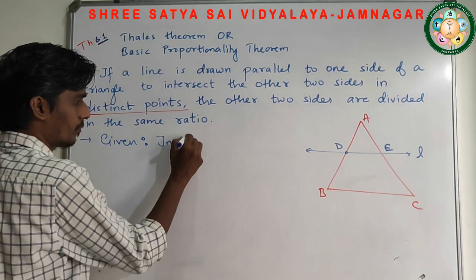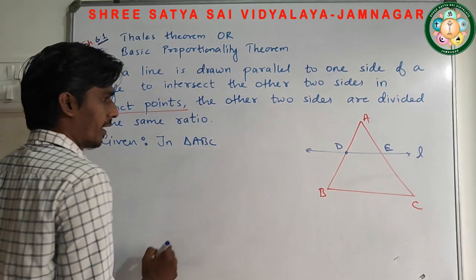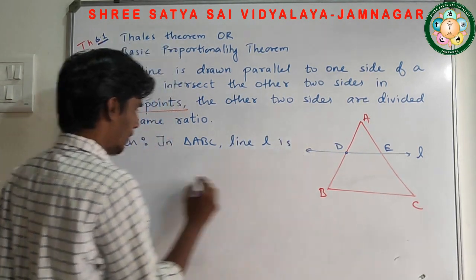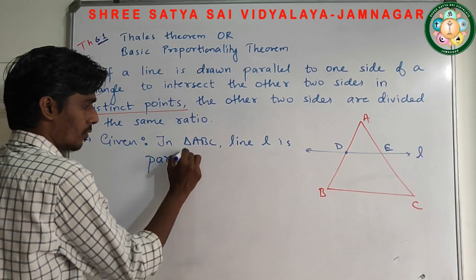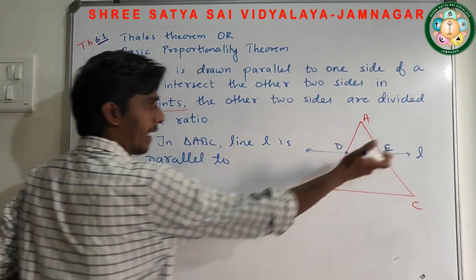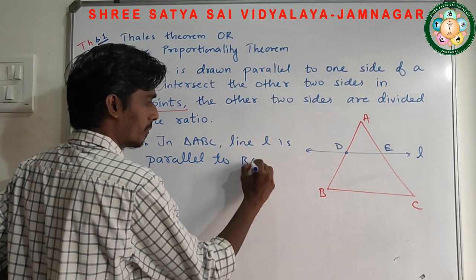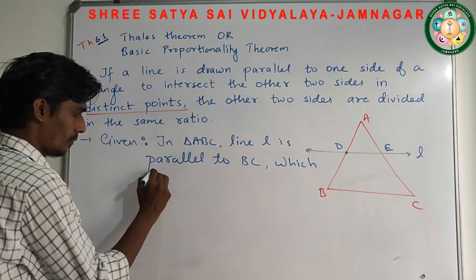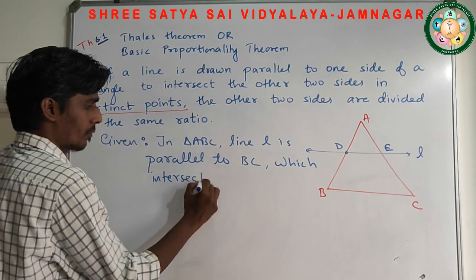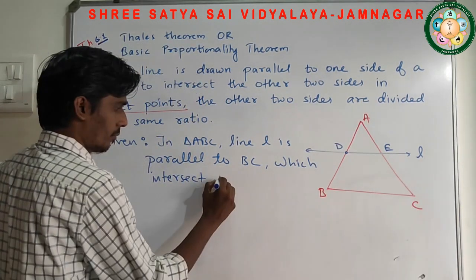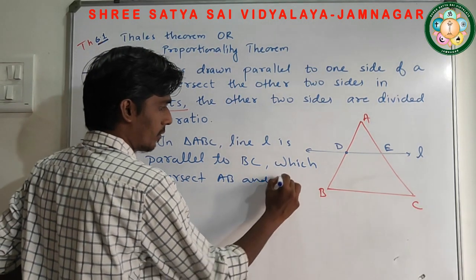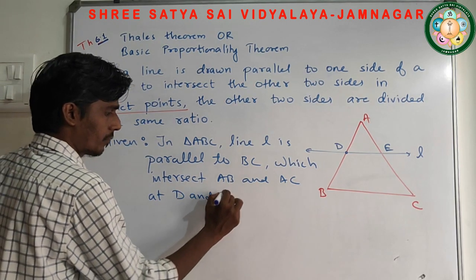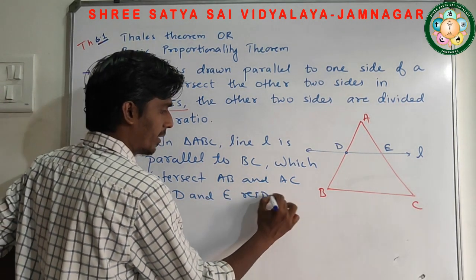In triangle ABC, line L is parallel to BC, which intersects AB and AC at D and E respectively.